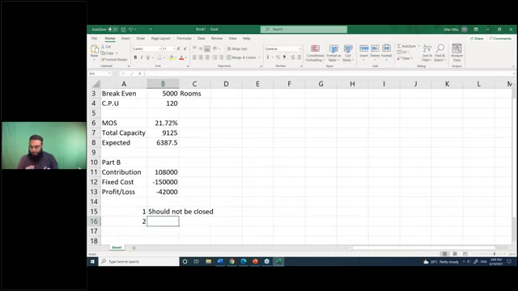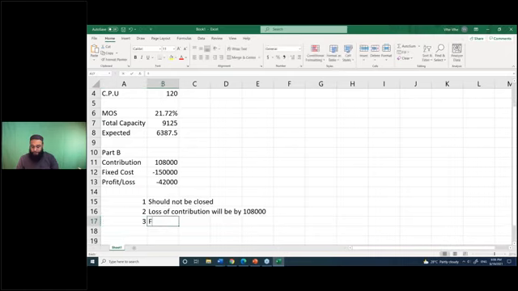Okay. Now, why is that? It is because the loss of contribution will be 108,000. That's fine. Because fixed cost will continue to be incurred. It's a committed cost. You have to pay the fixed cost for the entire year.